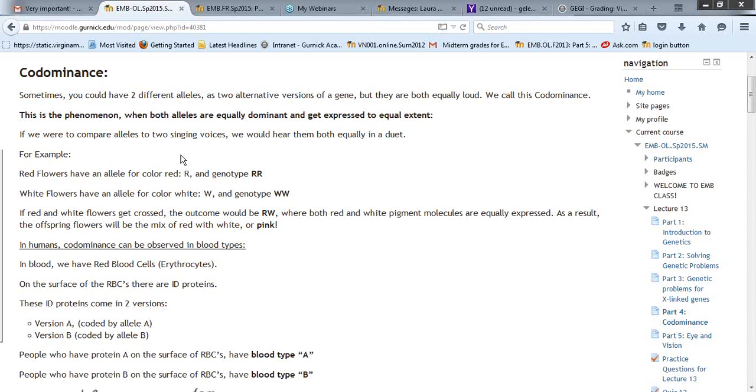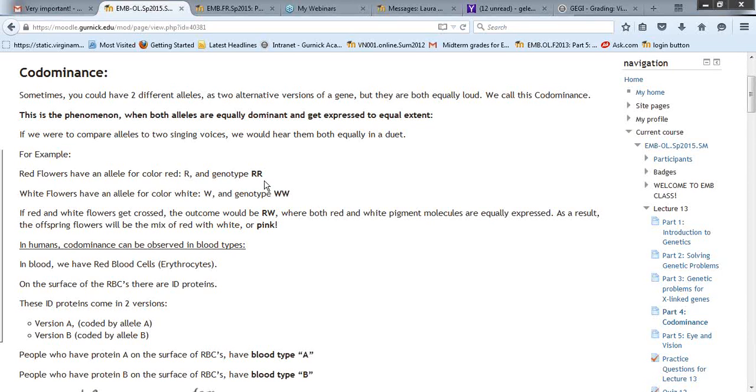And here I'm giving you an example of a flower that is expressing two different alleles. One allele is coding for a red color pigment, and the other one is coding for a white color pigment. So if one plant inherits two R's for red, the flowers will be red.